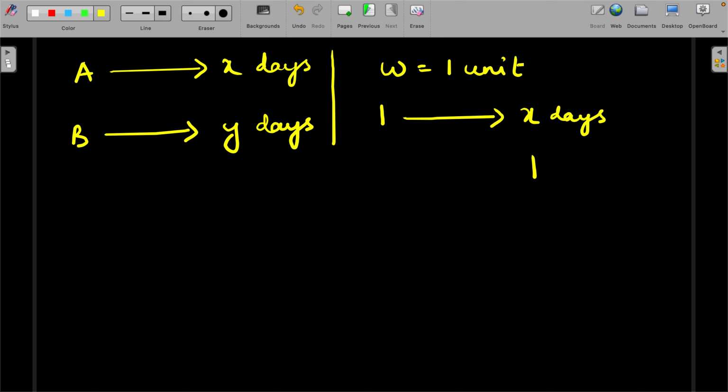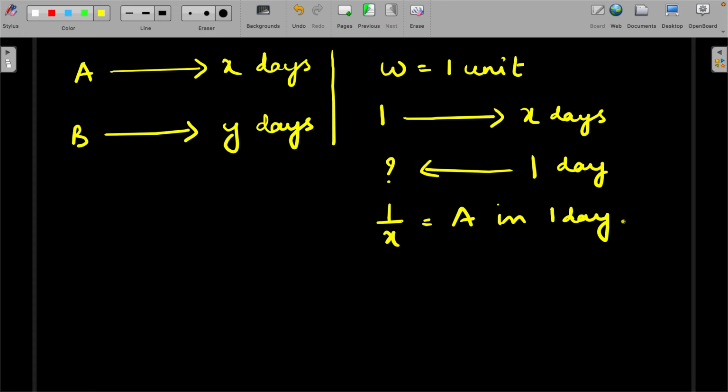Then in one day, the work done by A is nothing but 1 by X. So this is the work done by A in one day. In the same way, the work done by B in one day is 1 by Y. So this is the answer to the first question.